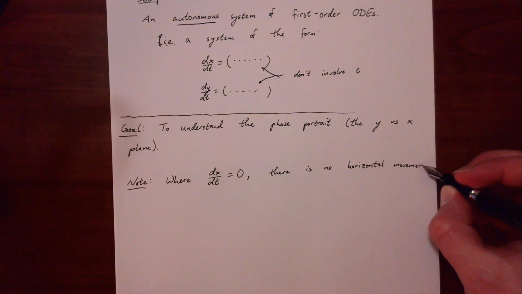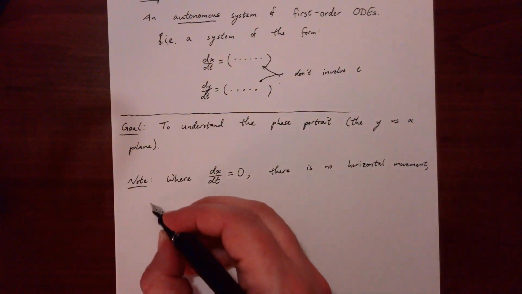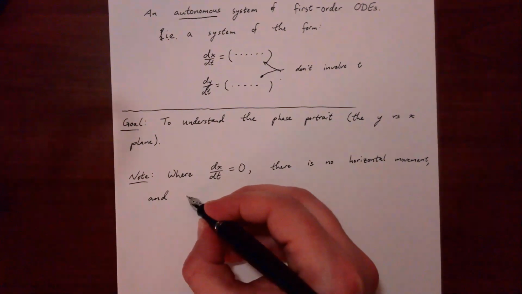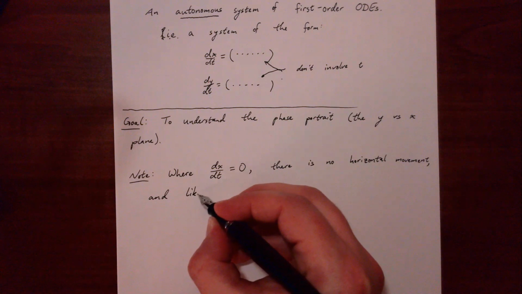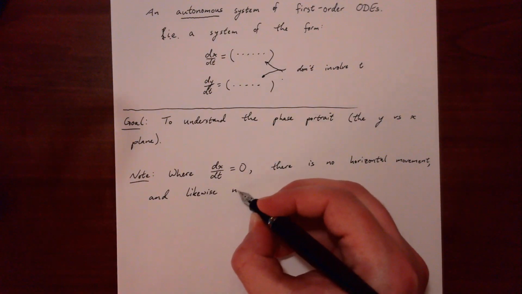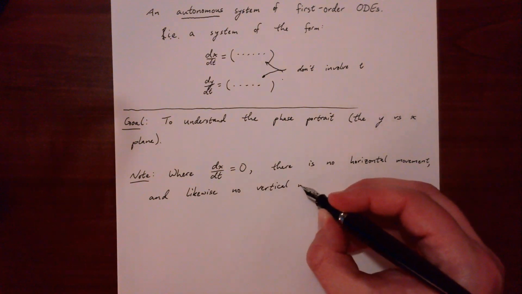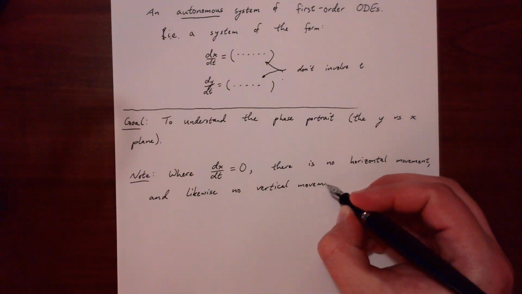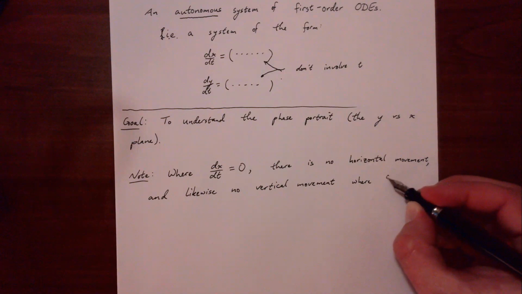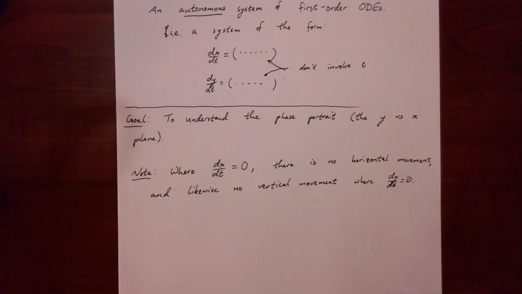And by the exact same token, likewise, no vertical movement where dy/dt equals 0.